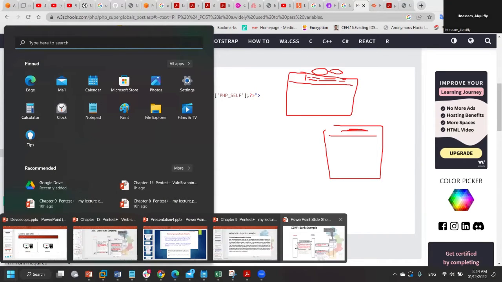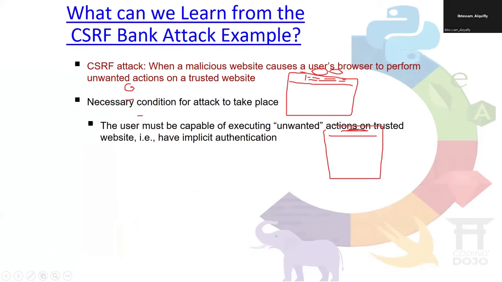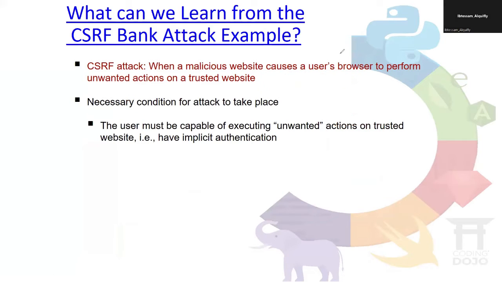Okay, so I'm going to go back here. When I'm malicious, this is basically the necessary action to take place. The user must be capable of executing an unwanted action on a trusted website that has implicit authentication. So this is basically, guys, listing all the conditions that need to be in place in order for this attack to happen. So the user must be capable of executing an unwanted action on a trusted website.